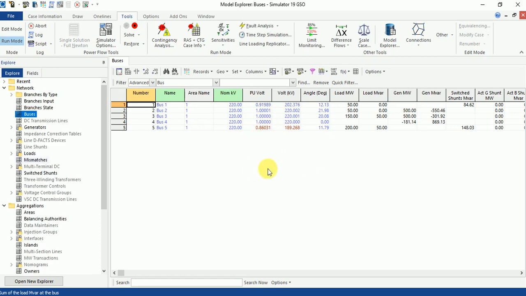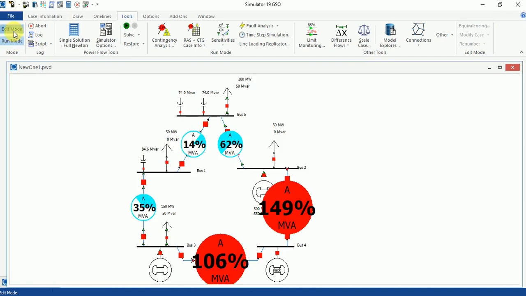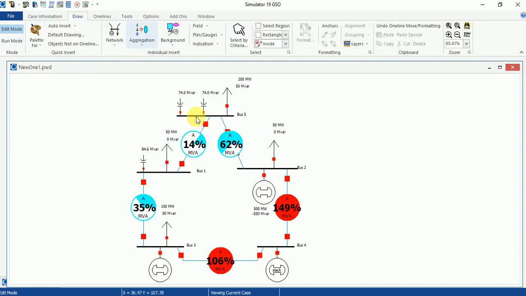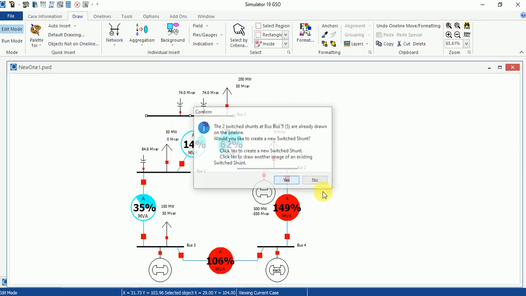We can repeat the process until we get the allowable limit of the specific bus bar. So let's increase the value of installed capacitor from 200 to 300 megawatts. Select switched shunt and add it at bus number 5.